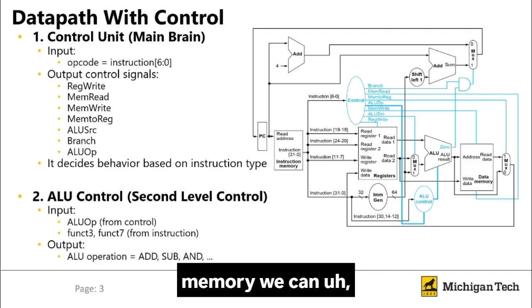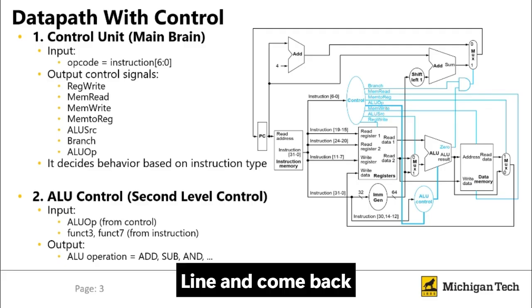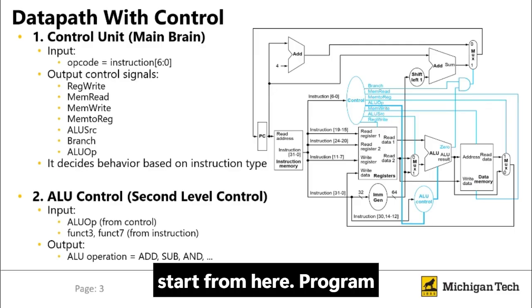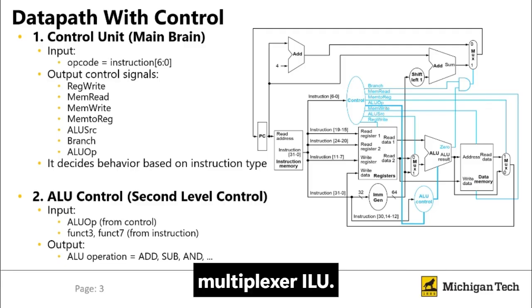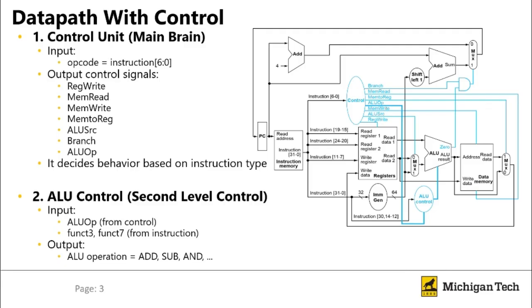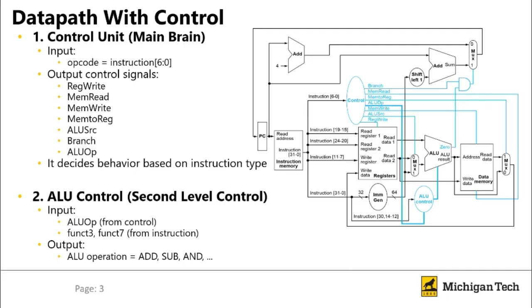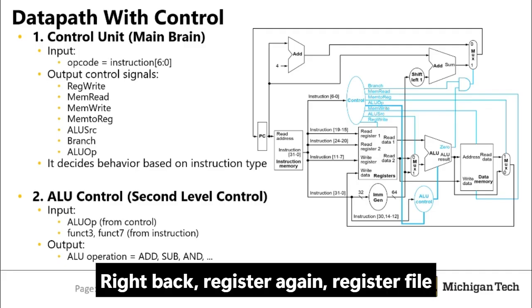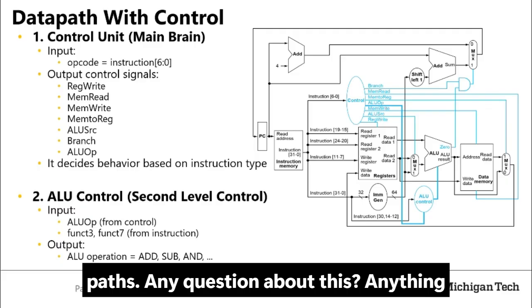We can use this line and come back and write it back here. So it starts from here: program counter, instruction memory, registers, multiplexer, ALU, another multiplexer, and write back, register file again. Okay? So that's a data path.